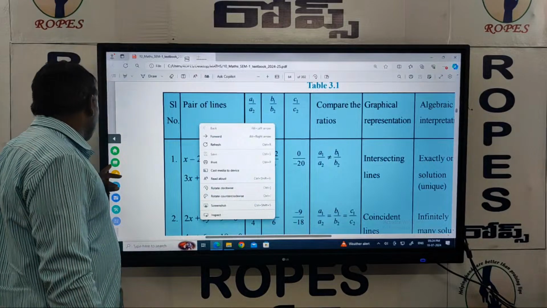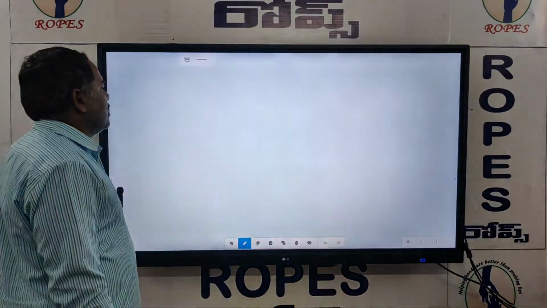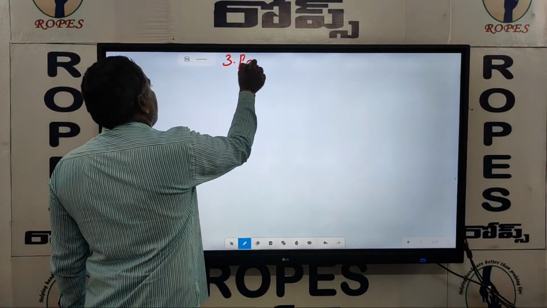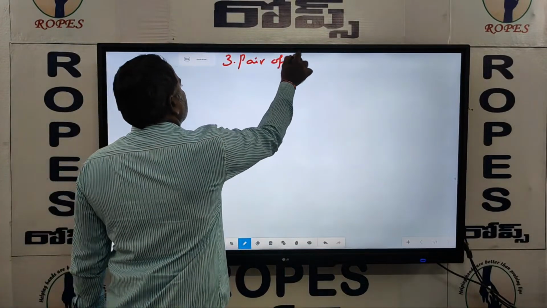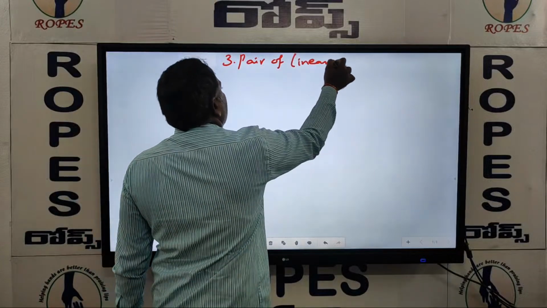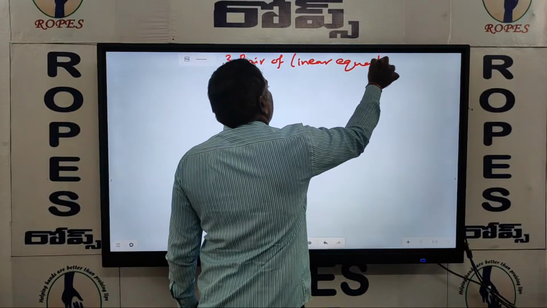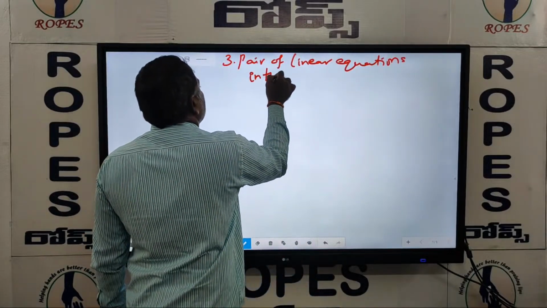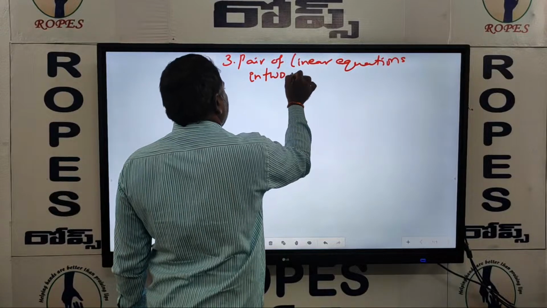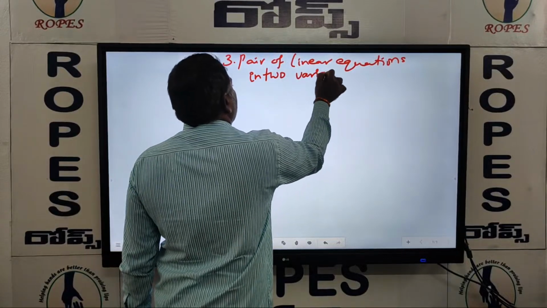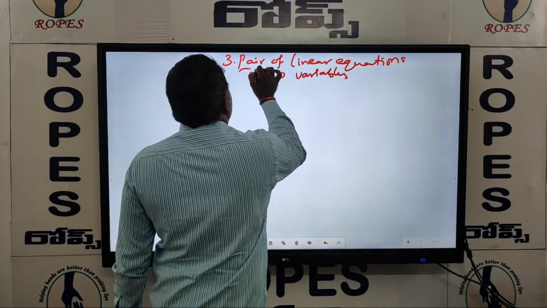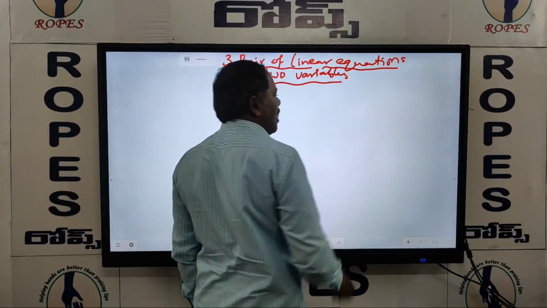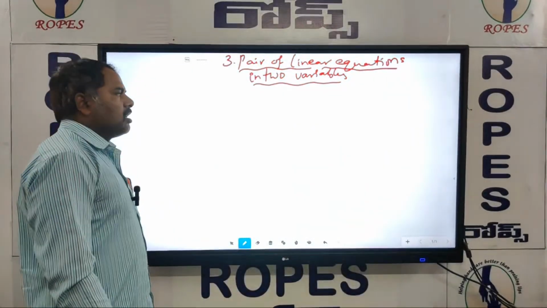In this chapter, pair of linear equations in two variables, first we learn what is the relation between the pair of linear equations and type of lines and number of solutions.